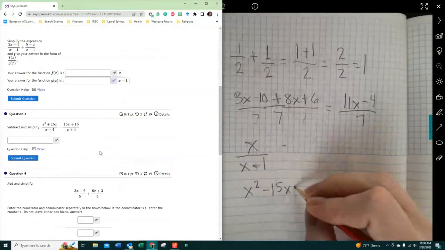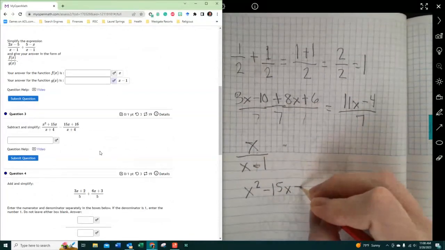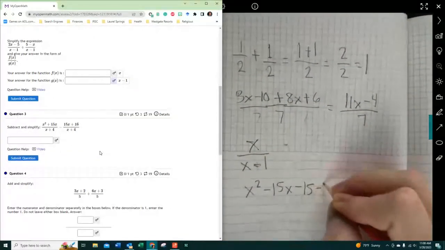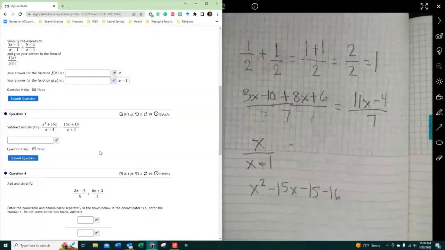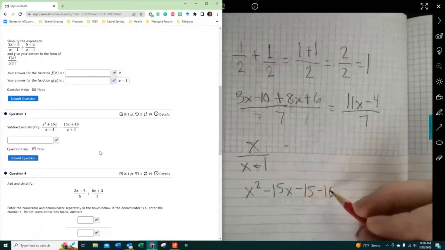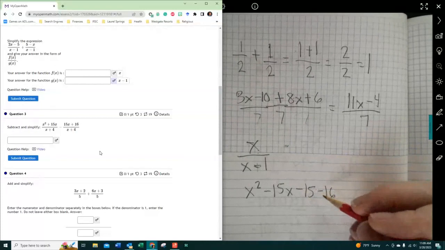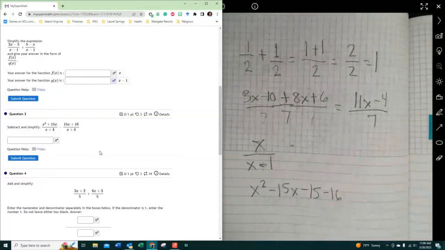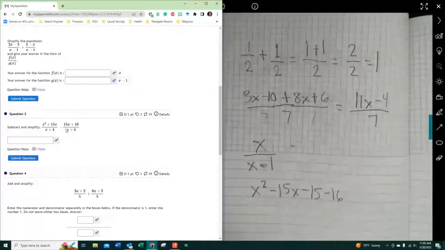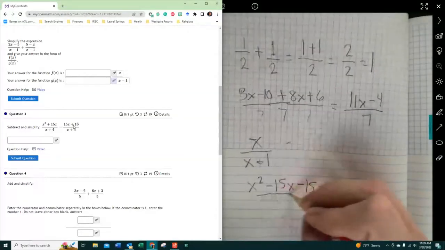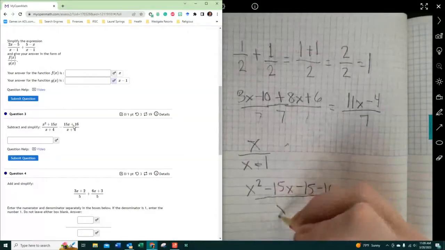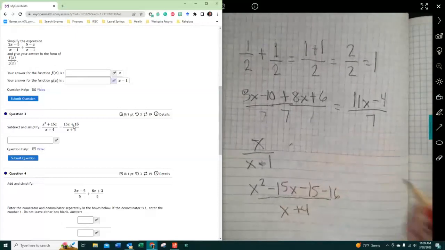So the 15x is going to be negative 15x, and then you have minus 16. So that negative sign is distributed to both the 15x and the 16. So up here in the numerator, the negative sign just switches the sign. And then you put it over x plus 4.